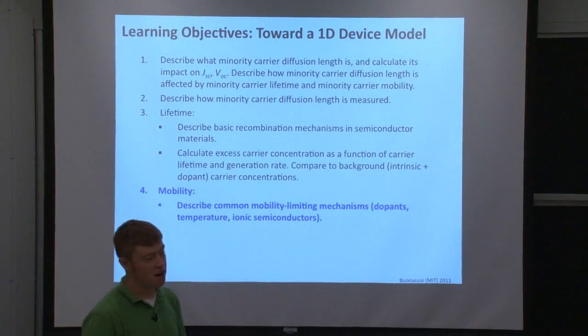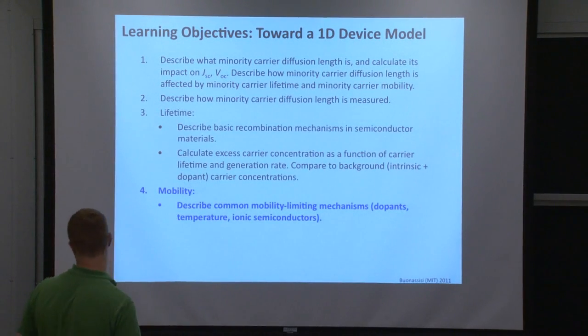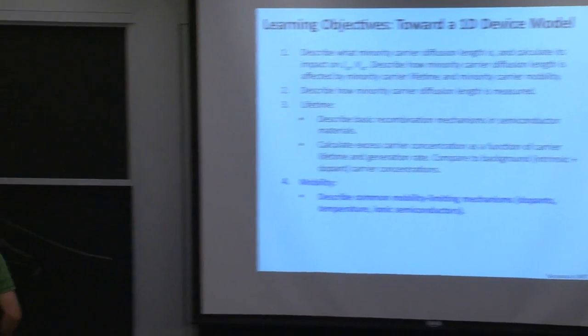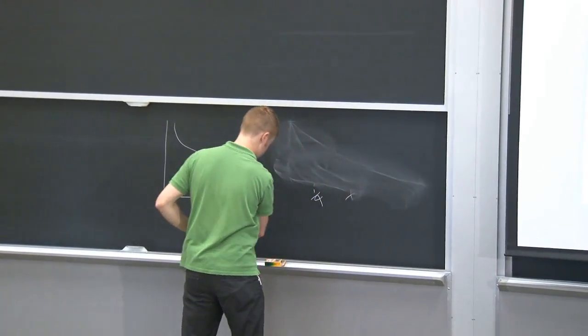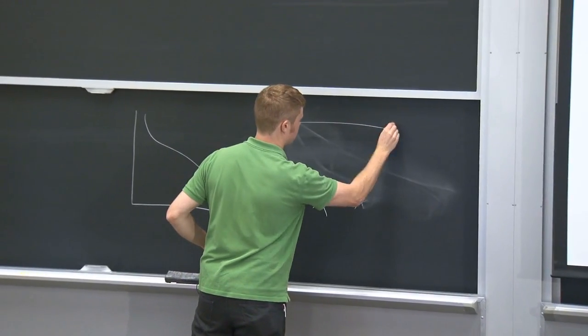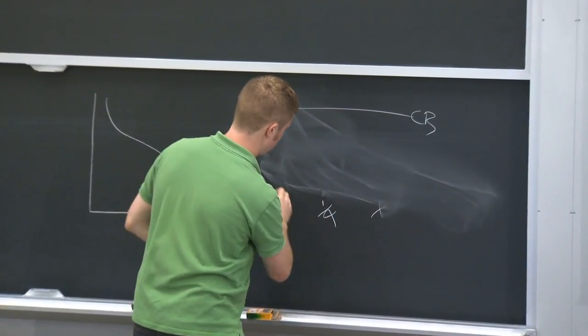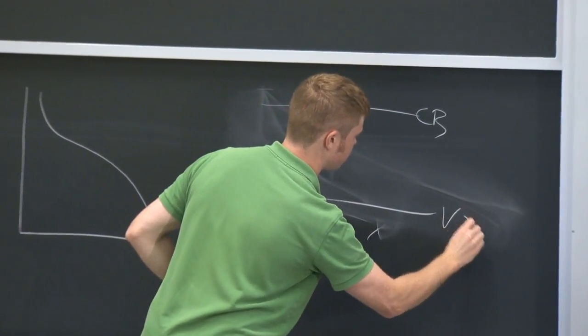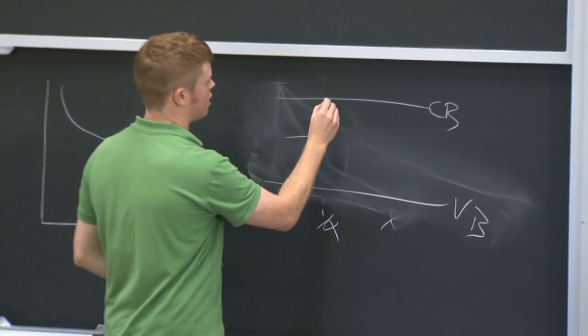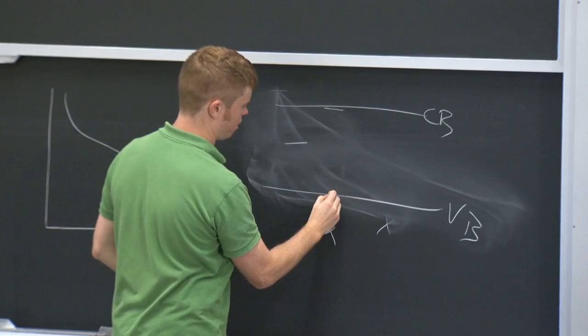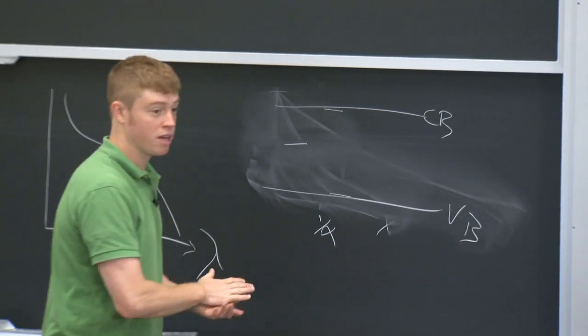So phosphorus actually has, if you draw it on an E versus X diagram, if we have our conduction band here, our valence band here, we said iron put states in the middle of the gap. Phosphorus and boron actually put states very, very close to the valence band and conduction band.